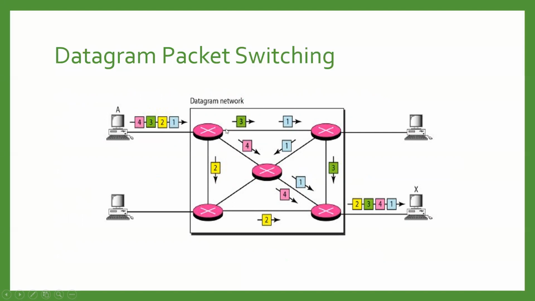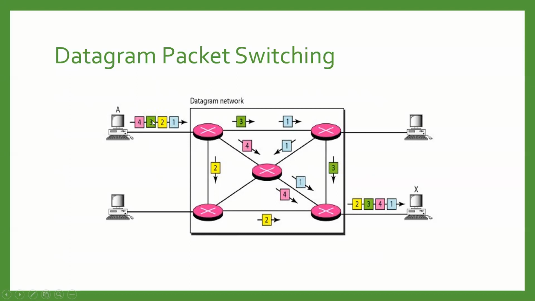While it is transmitting through the network, the first datagram has taken this route. But after this, the second has decided to go from here. The second has decided this link.